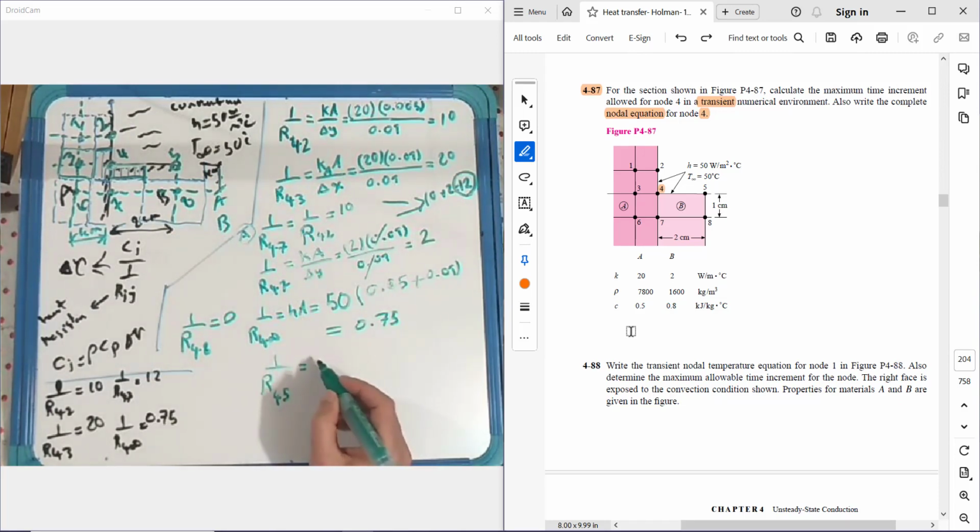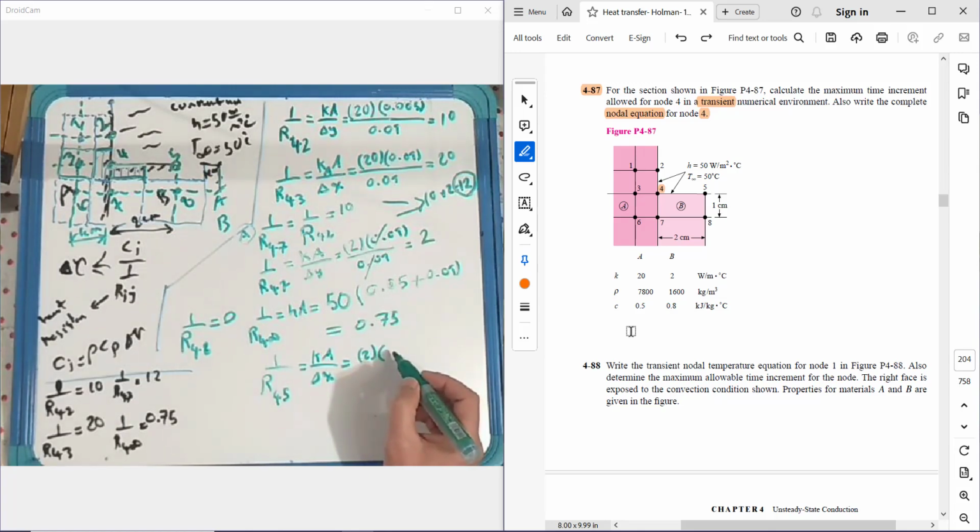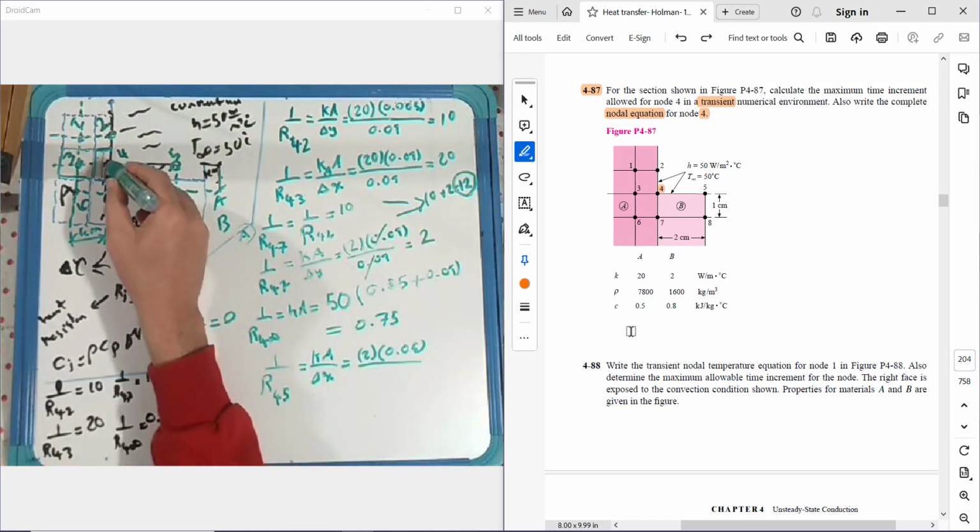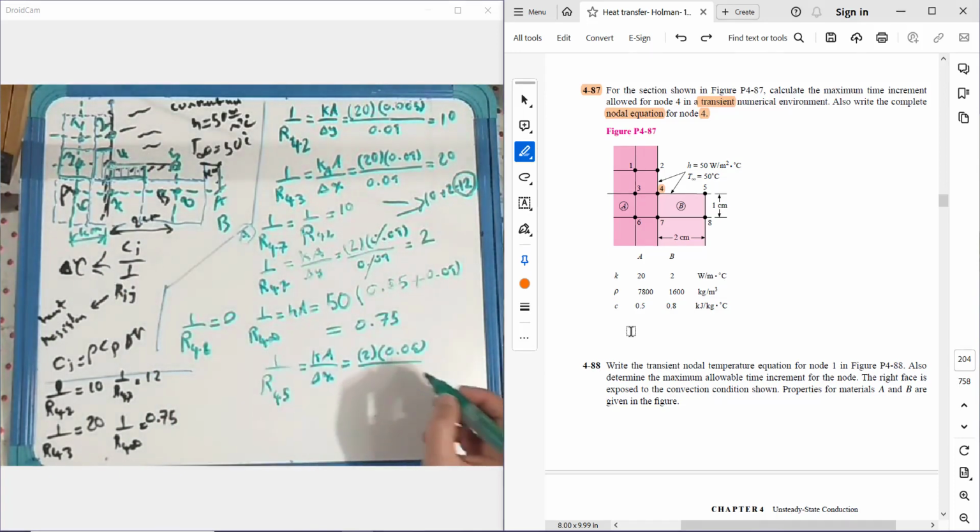R45 equals k over delta x, 0.05, because here is the interface between points 4 and 5, and delta x is 2 centimeters.